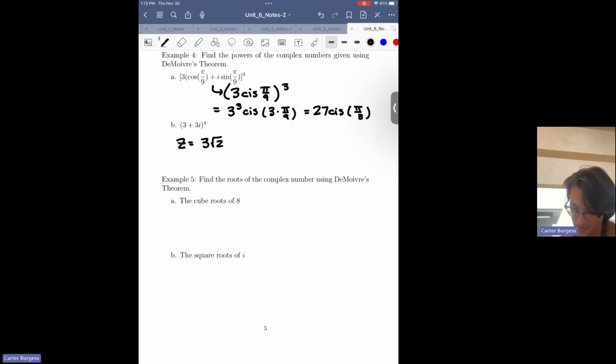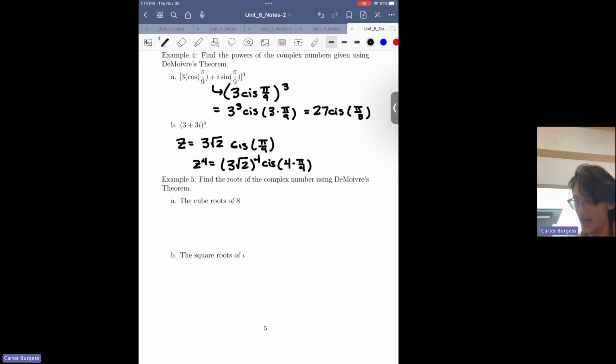Either way is fine. CIS of pi over 4. What do I do to R? What do I do to theta? Multiply theta by 4 and raise 3 root 2 to the power of 4.